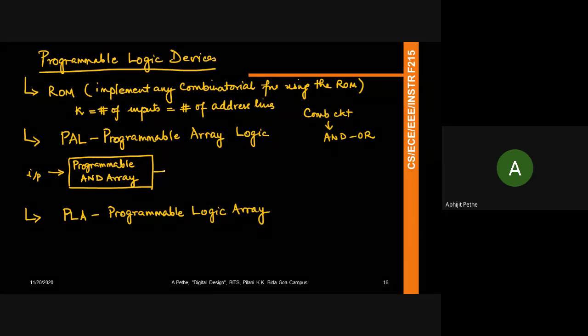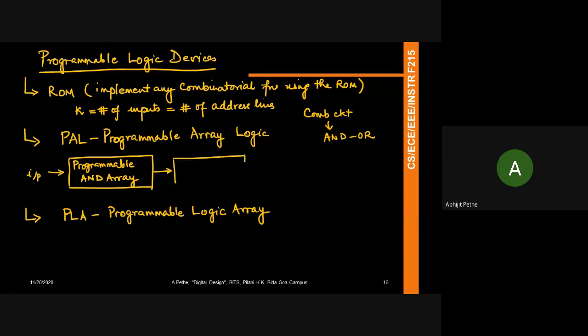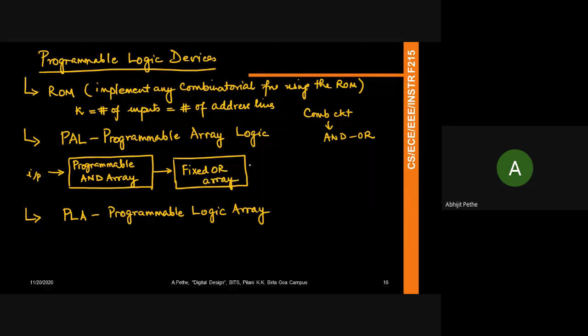The drawback is that it has only a fixed OR array, which means it can generate only outputs with a certain number of product terms. This is generating your product and this is generating the sum of products, so when you have a fixed OR array, you're limited in how many products you can add. Again, with an example, we'll see how to work this.